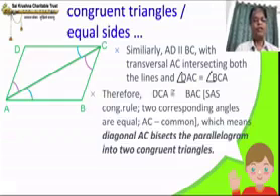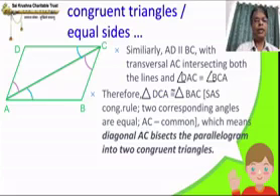Now because of this, triangle DCA at the top and triangle BAC at the bottom are both congruent. The reason is two corresponding angles are equal. Already we have proved that, you can see the pink color angle and the blue color angle. Two corresponding angles are equal and AC is a common line, which means diagonal AC bisects the parallelogram into two congruent triangles. So this is what we have seen now.